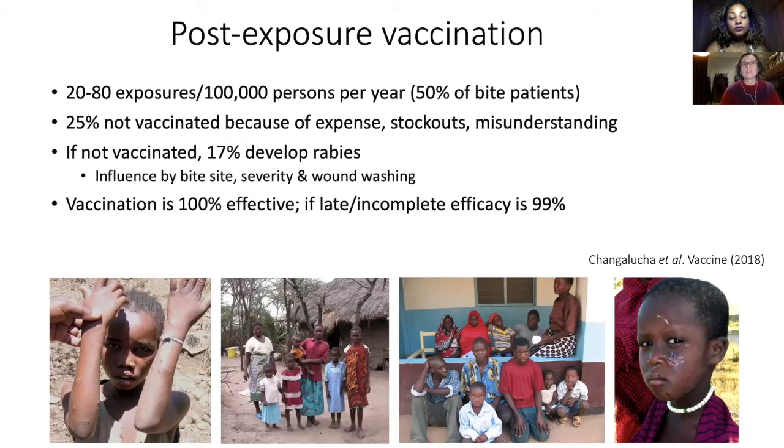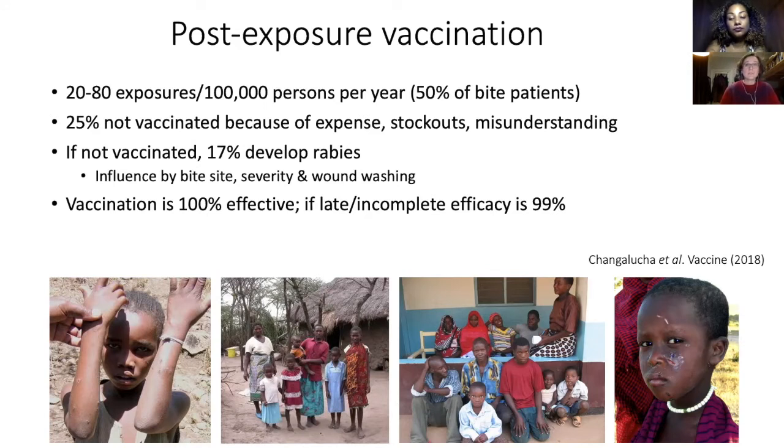So in a country like Tanzania, what we therefore expect to see is between 300 and 3,000 deaths per year, if you scale up from the numbers that we see in Serengeti district.